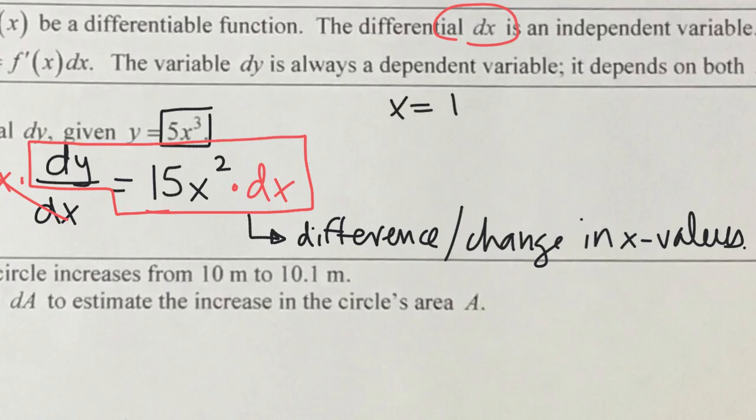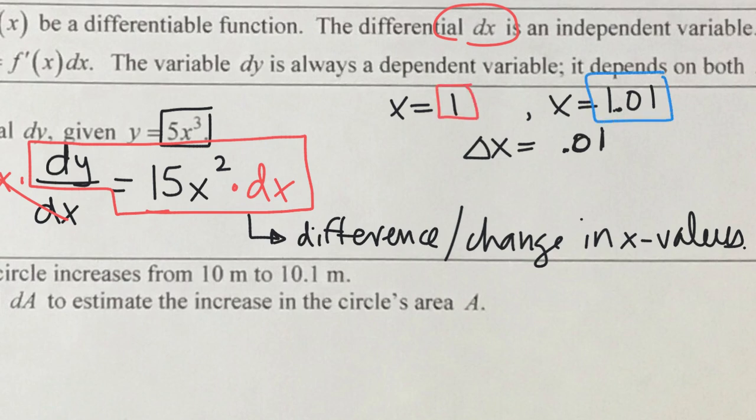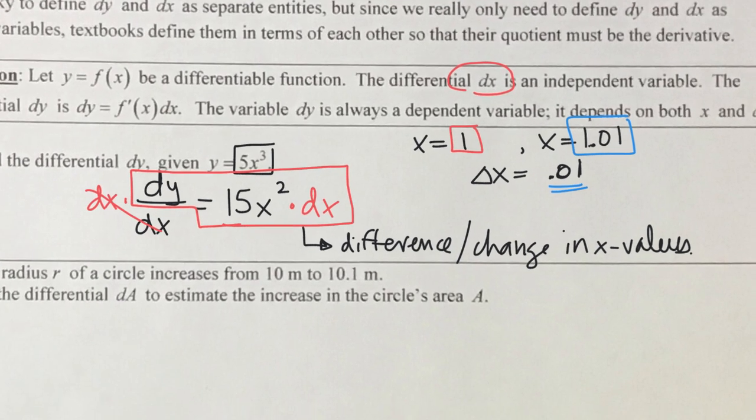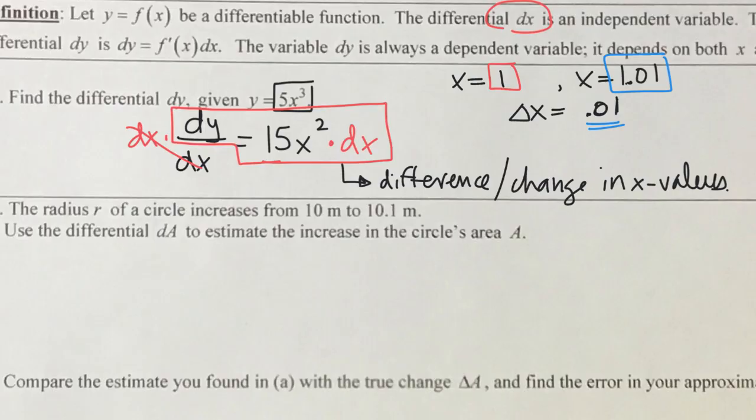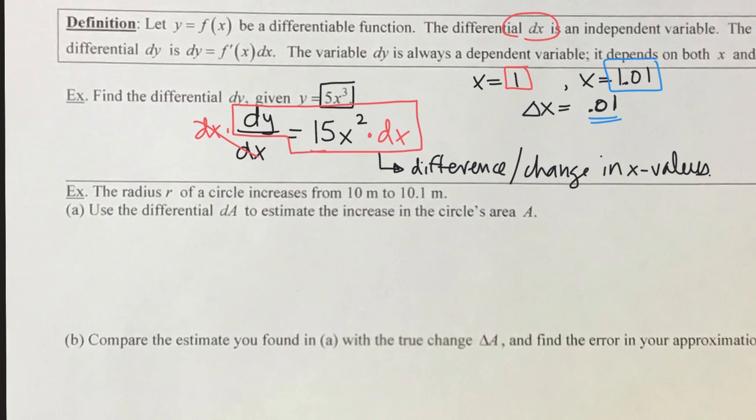That was our first example. We had x equals 1, and we were approximating at x equals 1.01. So then what is our change in x? Well, that's just your 0.01, the difference between 1 and 1.01. So delta x, or dx, is the change in your x values. Okay, so it's different looking, but there's not really much difference in the mathematics here.